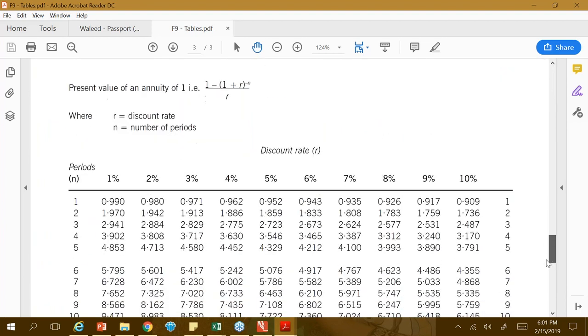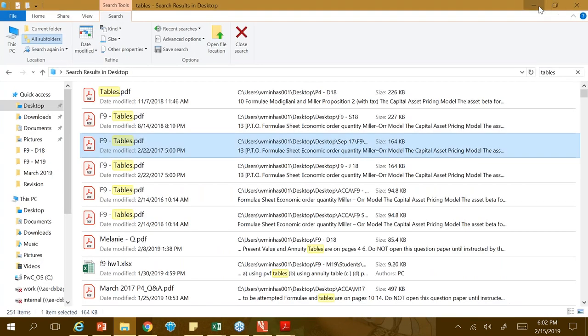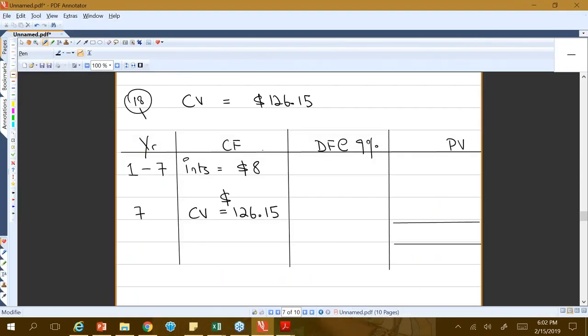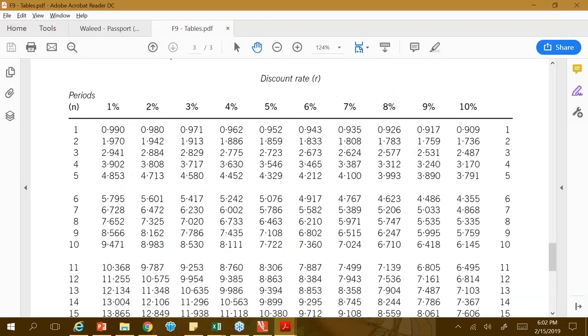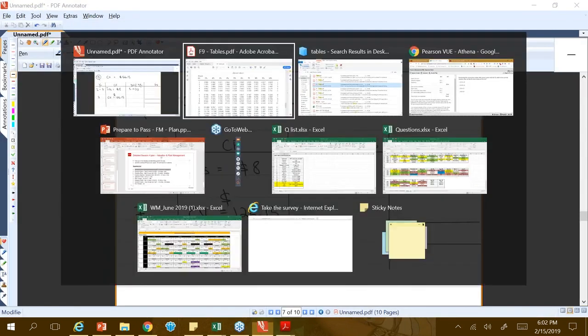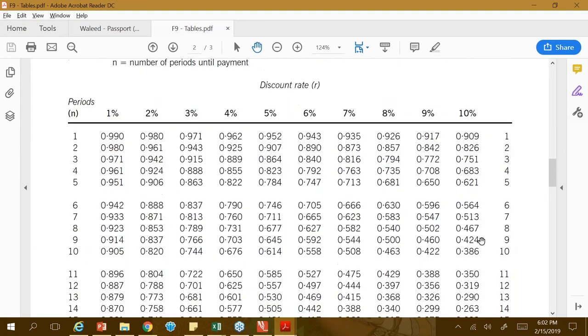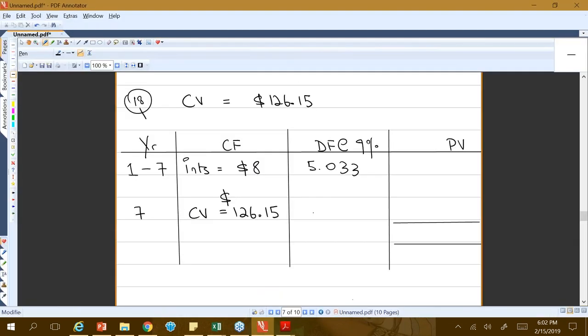First is the 9% annuity for 7 years, which is 5.033. Then the 9% discount factor for the 7th year, which is 0.547.